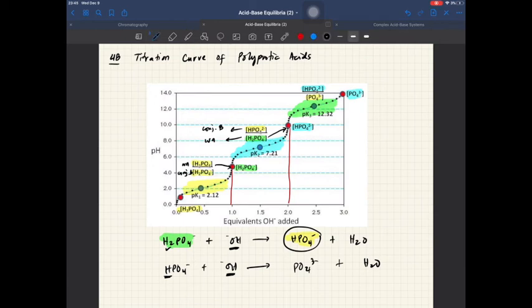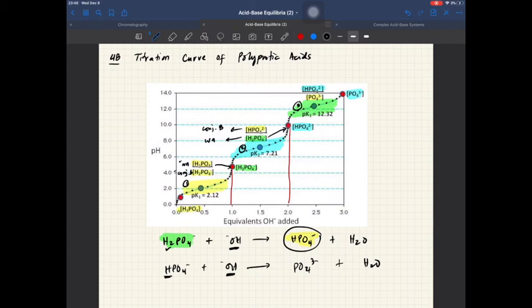So we have this buffer region number 1, this buffer region number 2, and this buffer region number 3. Also take note that when the concentration of the weak acid is equal to the concentration of the conjugate base, then the pH is equal to the pKa.